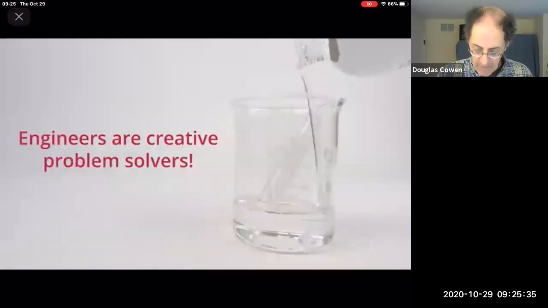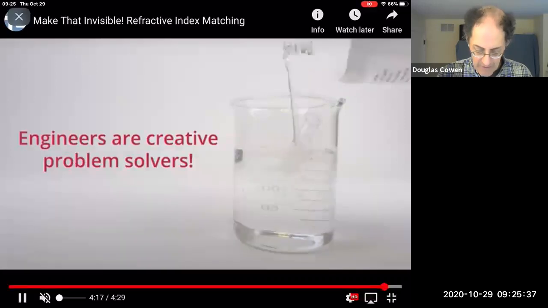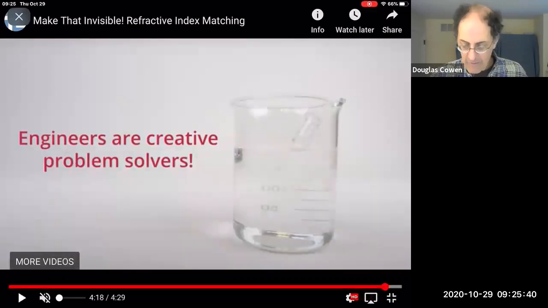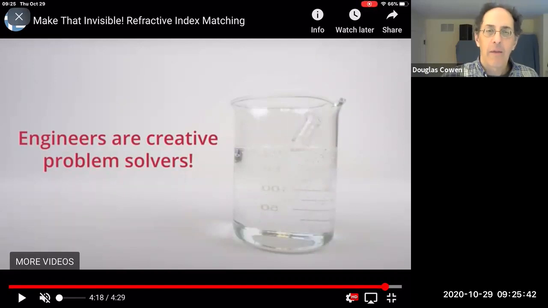So we're pouring in a liquid that has the same index of refraction as the glass tube. And I hope you can see, or not see, that the tube has effectively disappeared because the index of refraction of the liquid is the same as the glass that was inserted into the liquid.